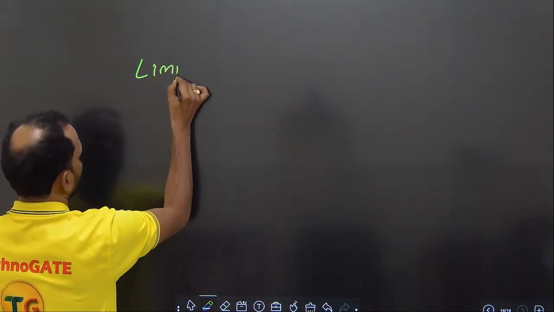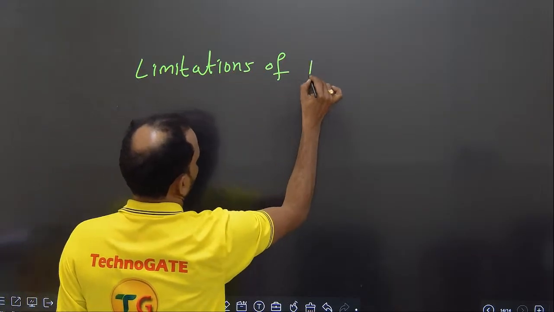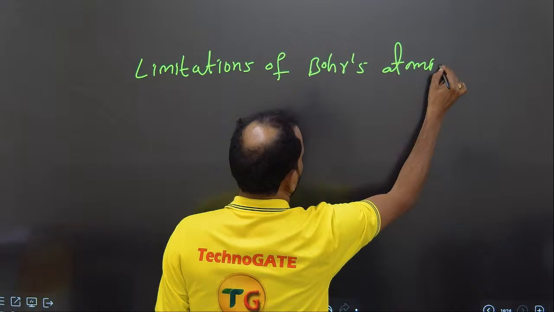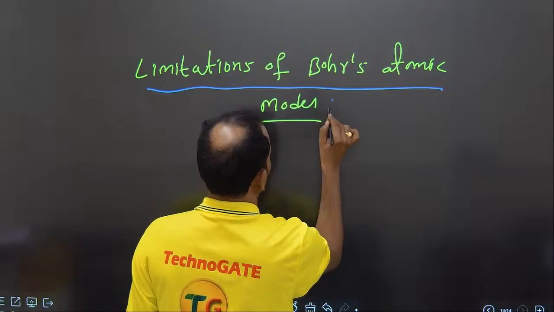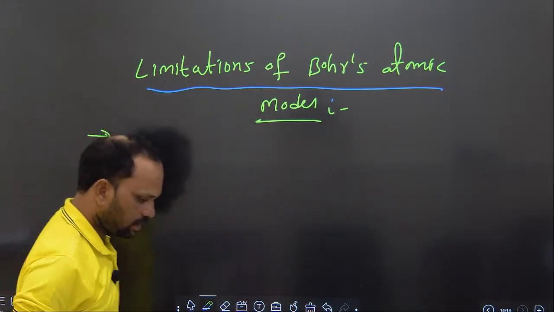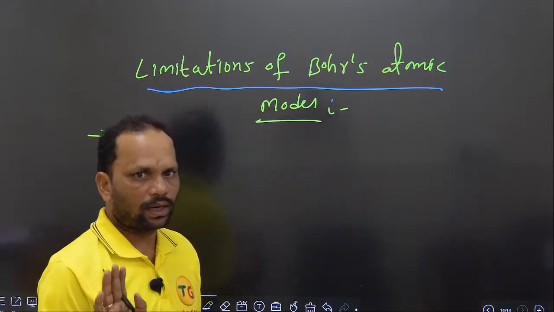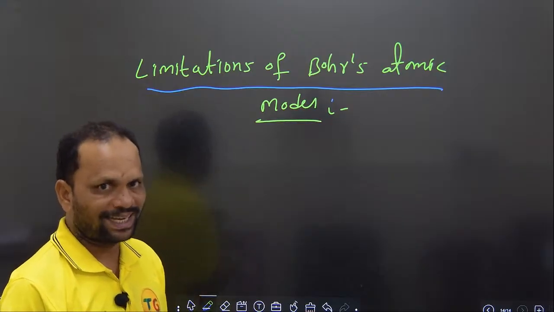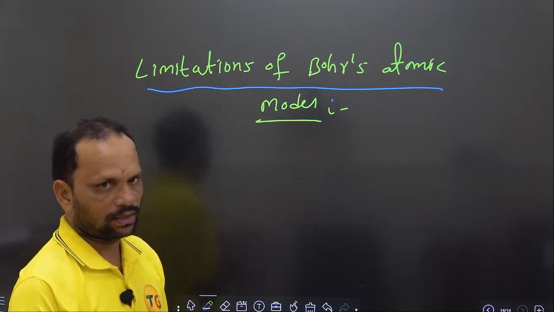What are the limitations? The first limitation is that whatever we have discussed up to now is only applicable to helium plus, lithium plus 2, or hydrogen. It applies to single-electron atoms and ions. It is not applicable to multi-electron ions.